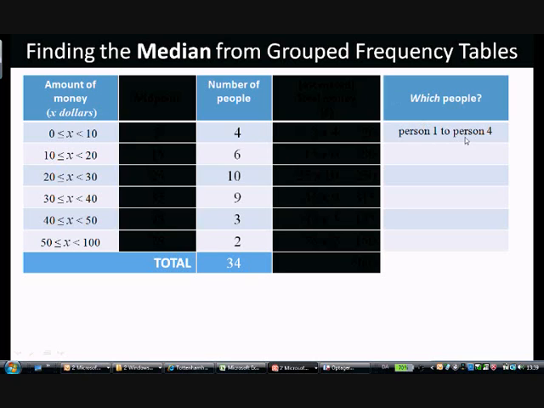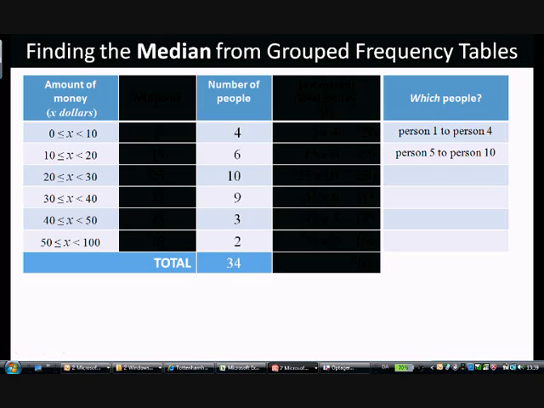So in that first category, you've got the first 4 people. So you've got person 1 to person 4. In the next category, you've got the next 6 people. So if the last category ended with person 4, then the next one's got to start with person 5. And then you don't just go person 5 plus 6 makes person 11, because remember, you're counting the 2 end people.